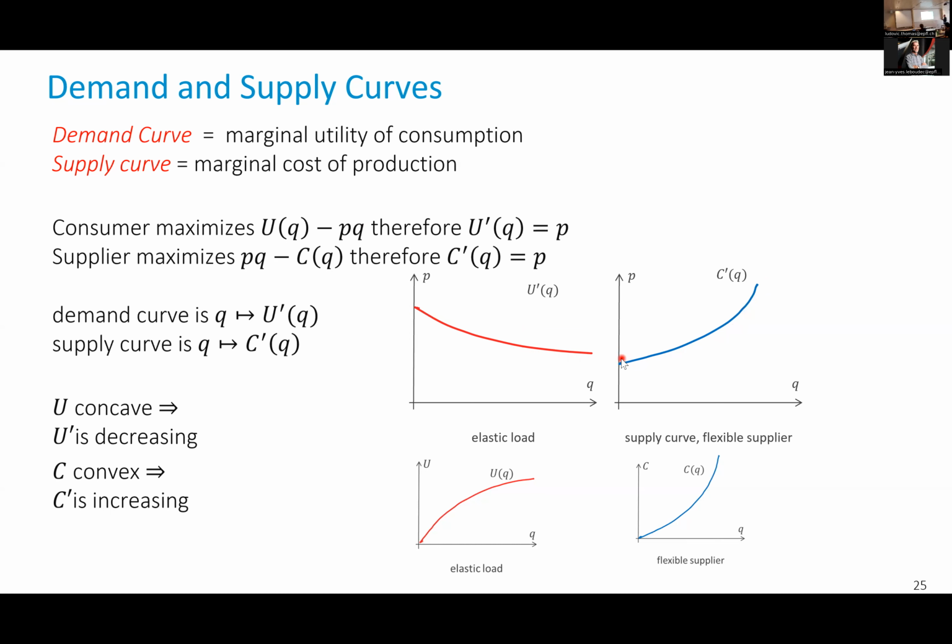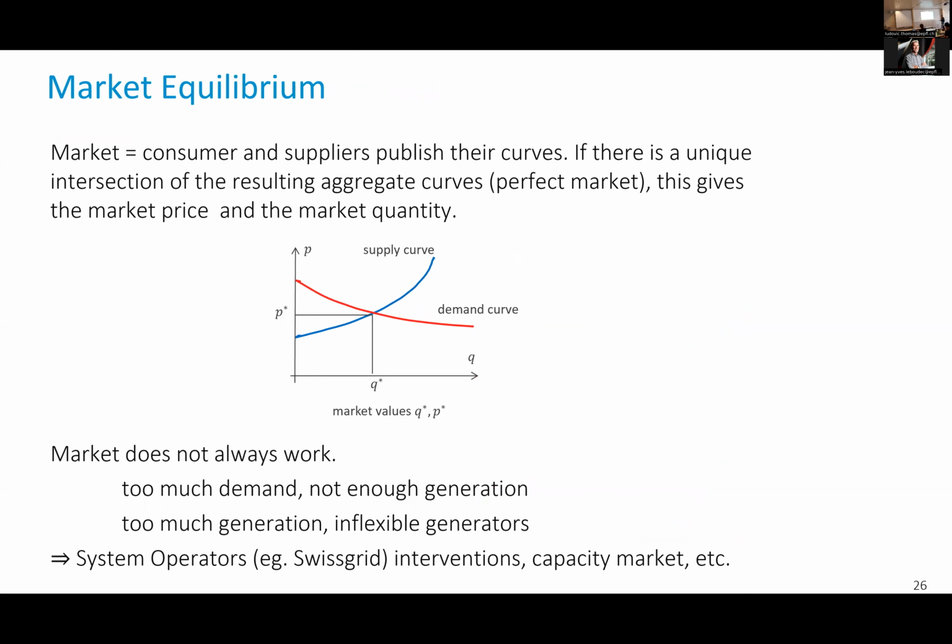and the supply curve is a convex function here. And then the idea is that when everybody goes to market, like happens in the electricity market, it's not you and me who go to market, but the providers of electricity for us, Romande Energie. Or if we do a dispatch plan for a microgrid here, we go to the market and we have to publish what is called a demand curve, and possibly a supply curve if we are a producer.